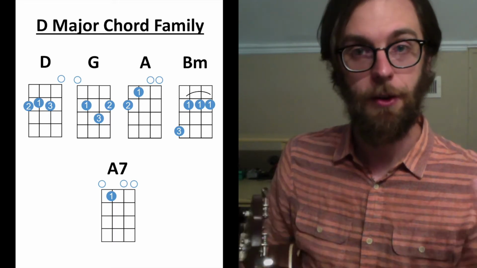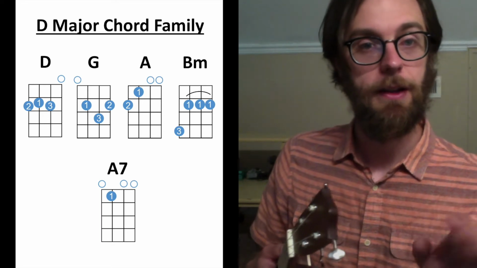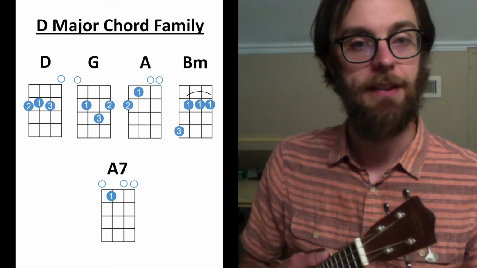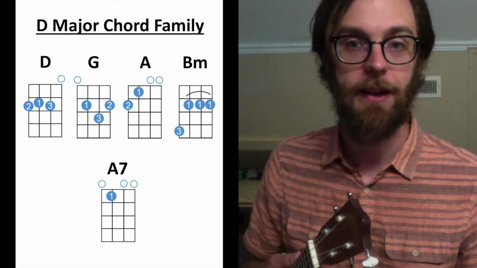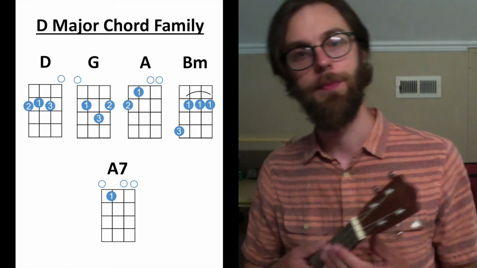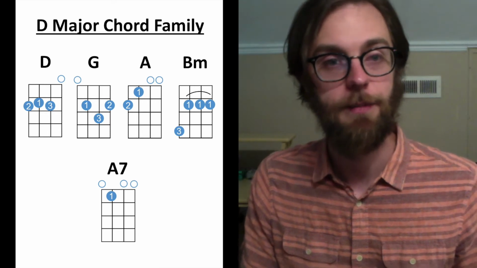Now I'll cover the theory in another lesson, but just to go over that, the A major can also be an A7. So the fifth note in a scale, or the fifth chord shape, can also be a 7. And you'll see them used a lot like that in songs.